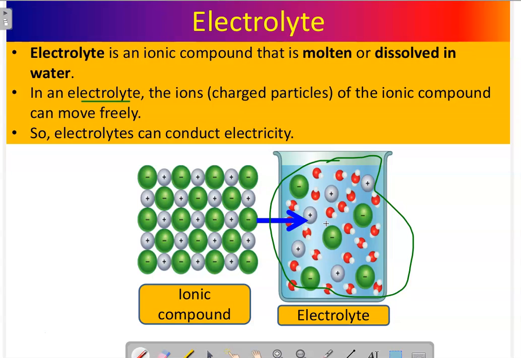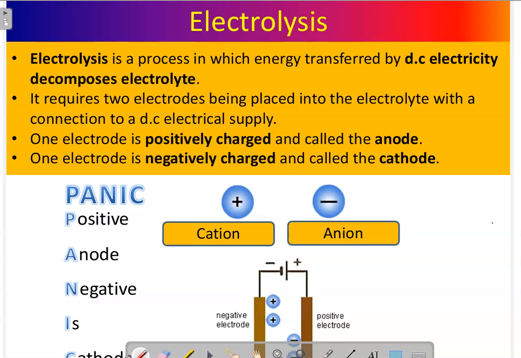Remember, electrolytes are ionic compounds that are molten, in other words melted, or dissolved in water, and so an electrolyte can conduct electricity. Now, therefore, what is electrolysis?